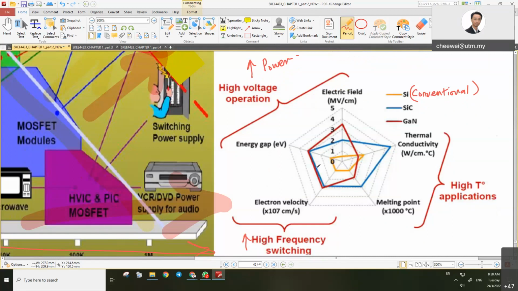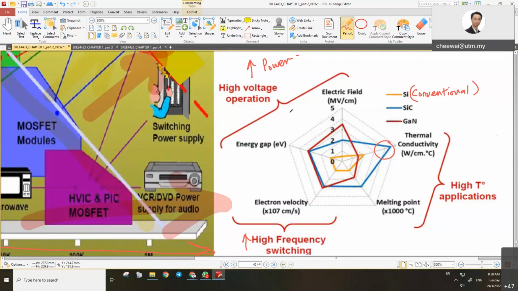The range of the blue line, silicon carbide, and the maroon line, gallium nitride, is better. And last one, you see the temperature. All right, temperature application, you see that only silicon carbide is the winner. Gallium nitride seems to be not excelling that much compared to the conventional silicon.